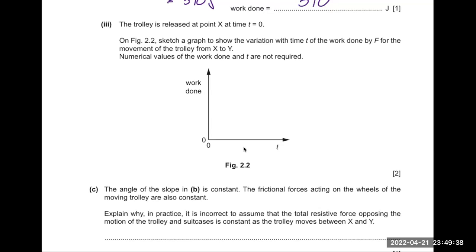How does the work done change with time? To figure out what actually happens, you need an equation that links work done with time. We only have one equation that links work done with distance.